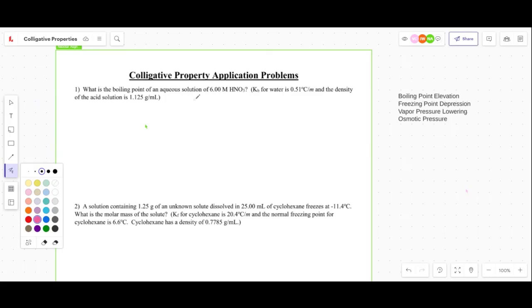Now, for any boiling point problem, we're going to want to keep in mind the formula for boiling point elevation. The formula is delta T for boiling point is equal to positive KBM.